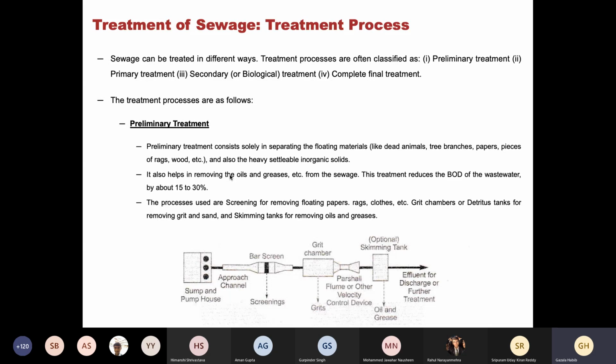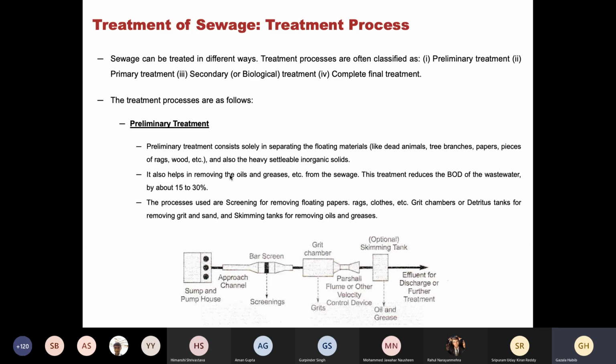Just remember the sequence of treatment: first is a screen with large openings, then the comminutor, and then the fine screen. Sometimes a fine screen is used, and then the grit chamber. The fine screen is not mandatory. Sometimes all this material can be removed in the grit chamber.